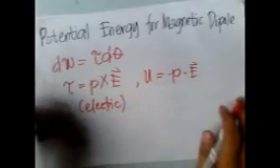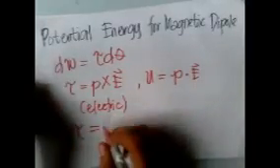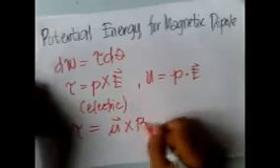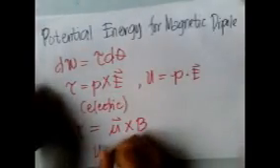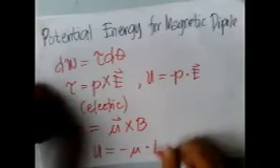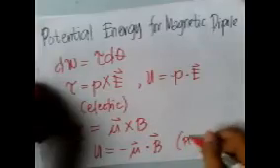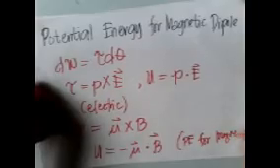Now, for a magnetic dipole in a magnetic field, the torque is tau equal to mu cross B. So, we can conclude immediately that the corresponding potential energy is U equal to negative mu dot B. So, this is the potential energy for a magnetic dipole.